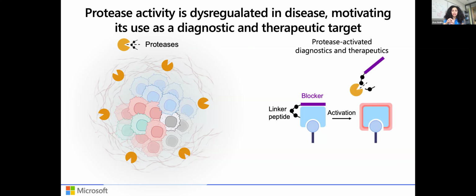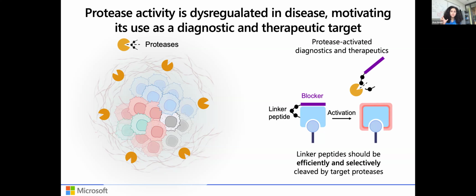And so in principle, if you have this triggered activity, you can now leverage this as a signal amplification or triggering mechanism to now activate your agent in the context of disease.